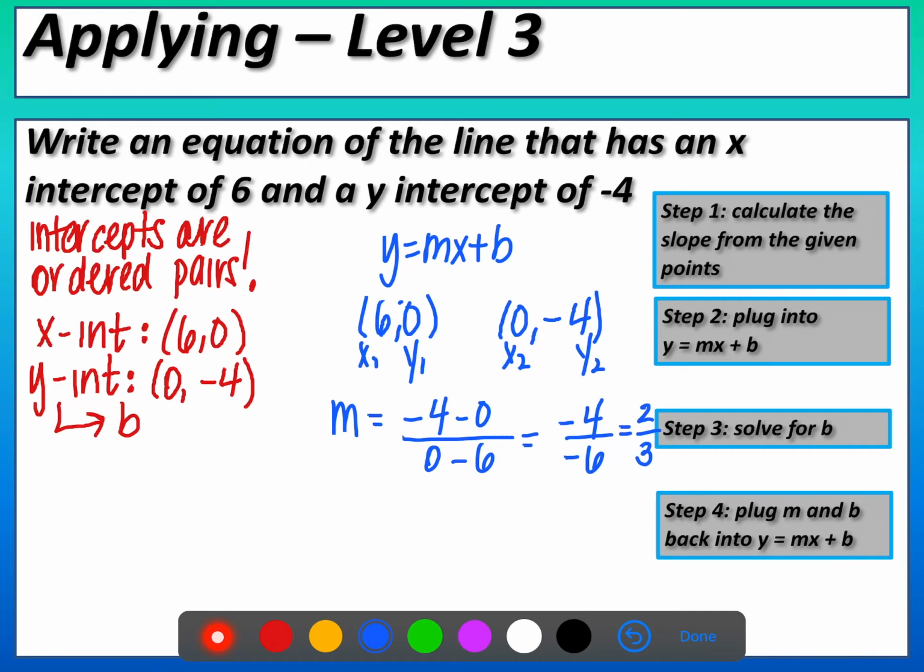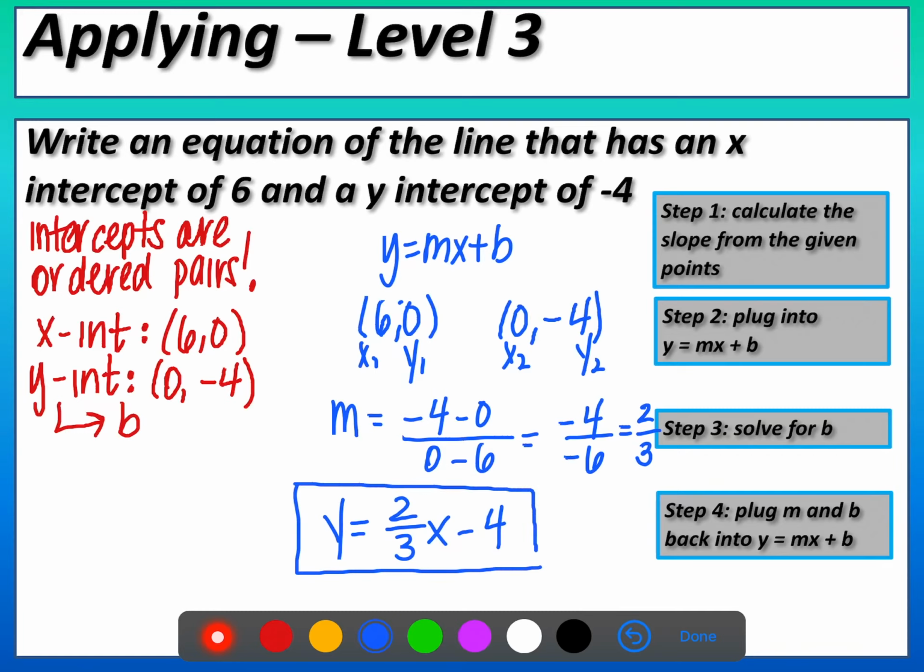Okay, and that simplifies out to be a +2/3. So putting all of this together, the slope that I just solved for, and the y-intercept that I was given, my final equation: y equals 2/3 x minus 4.